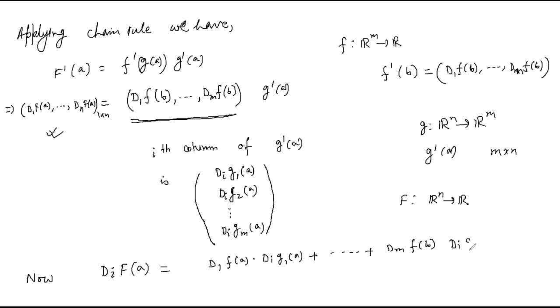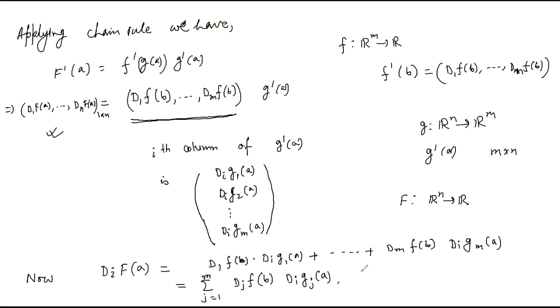The last term is dm f at b times d_i gm at A. In short, one can write this as the summation of d_j f at the point b, times d_i g_j at the point A, over j equal to 1 to m.